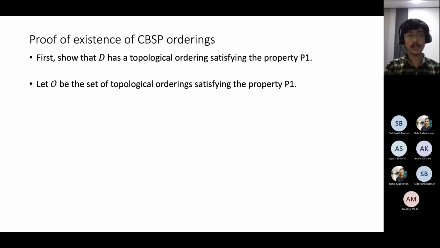Now I'll go into how we prove that there is an ordering which satisfies property P2 as well. Consider the set of all topological orderings satisfying property P1 and call it O. Clearly, since we have already shown that there is a topological ordering satisfying P1, O must be non-empty.